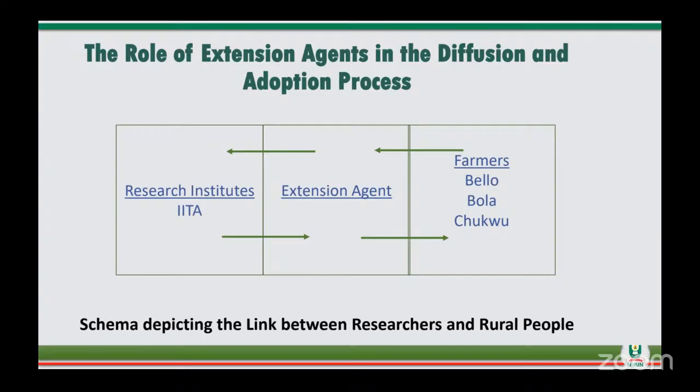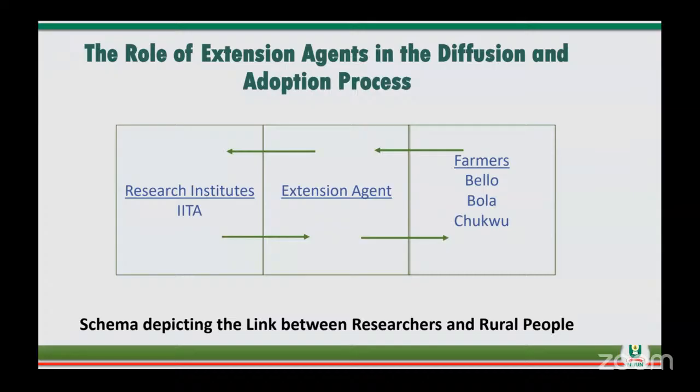All right. So the extension agent interacts with the farmers and takes that infested plant to the research institute for investigation. Also, he meets the cooperative member, takes his challenge and redirects it to where the solution may come from.